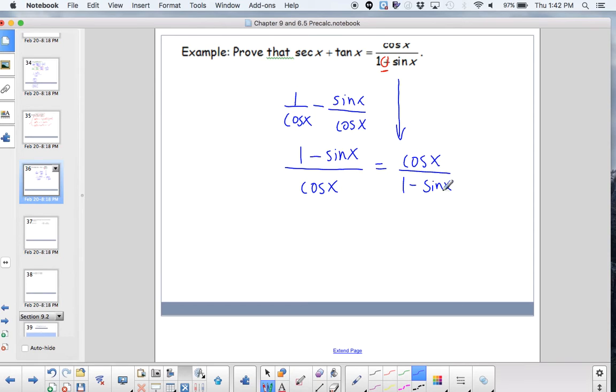Then I have those two are the same. Oh, and this sign should be a positive. That sign should be plus here.